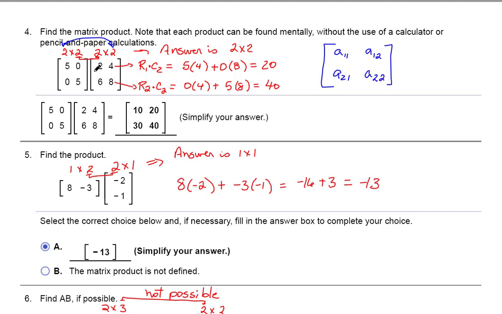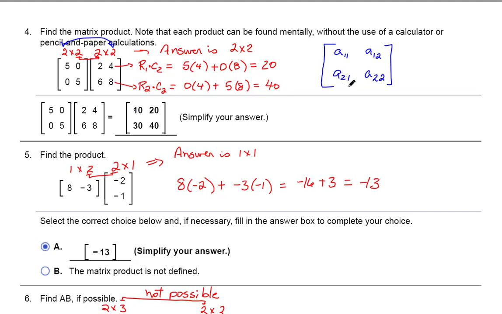So to get this very first position, I would have 5 times 2 is 10 plus 0. All right, that's going to give me the 10. To get this position, where is that again? That's 1, 2. So first row times the second column. 5 times 4 is 20 plus 0. And I get 20.